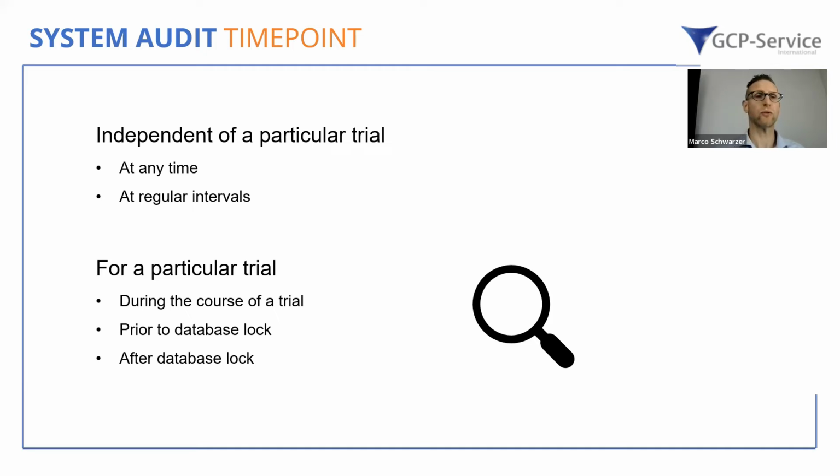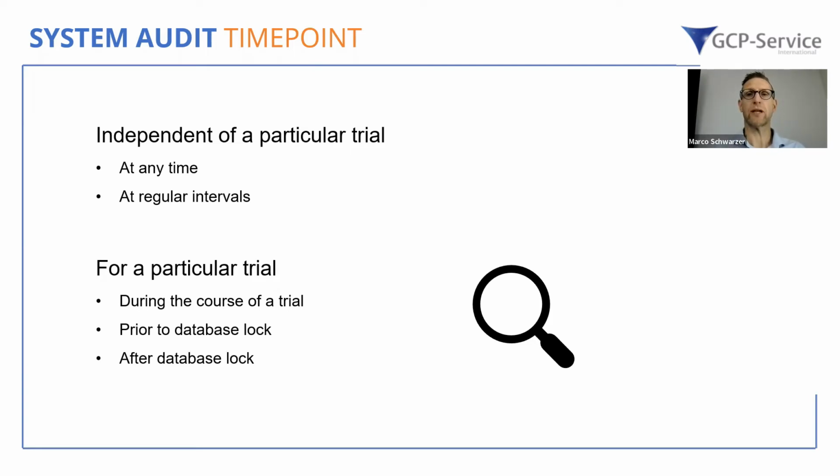And for sure also in regular intervals to make sure that the quality of the vendor is still the same. Looking at a particular trial, it makes sense to have a systematic audit approach during the course of the trial, or also prior to the database lock. From time to time, it also makes sense to have an audit after the database lock.